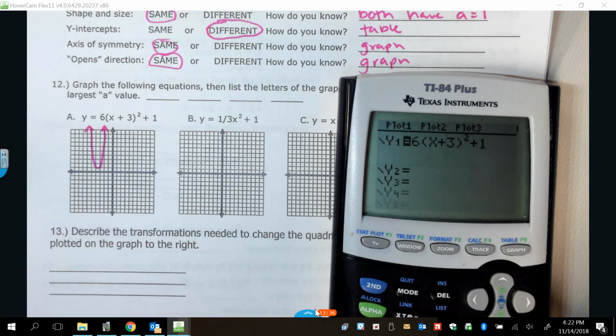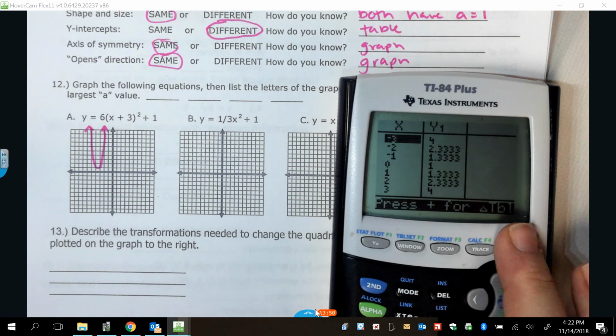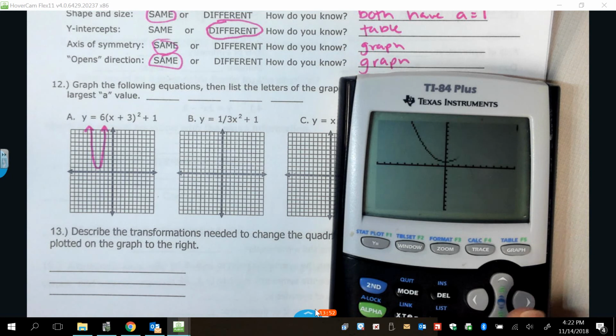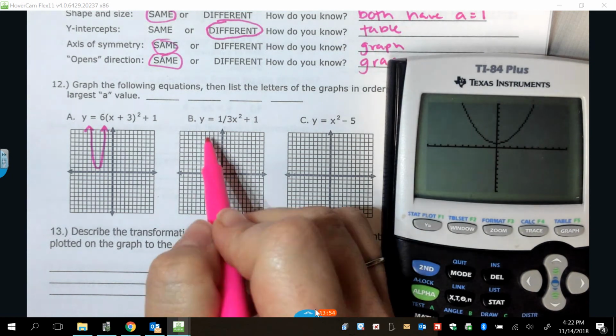Then 1/3 x squared plus 1. Graph. So this is pretty wide.